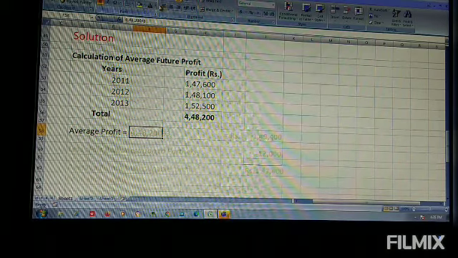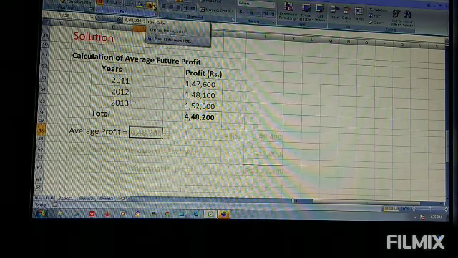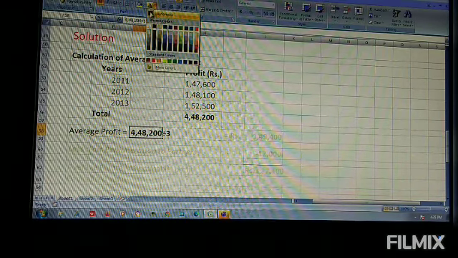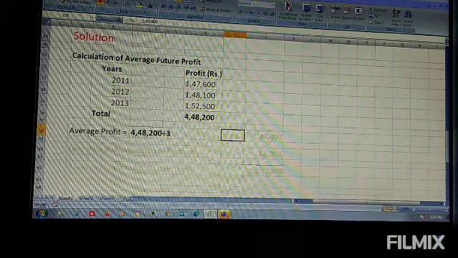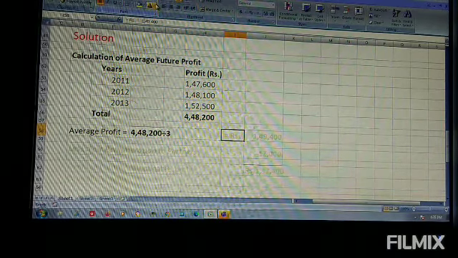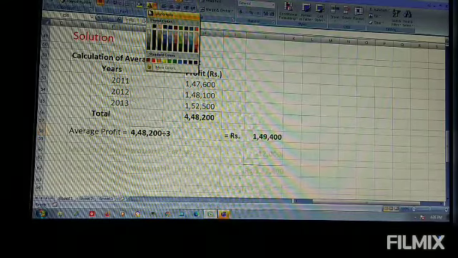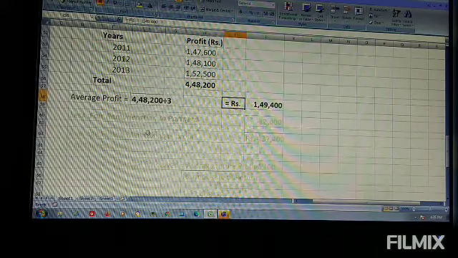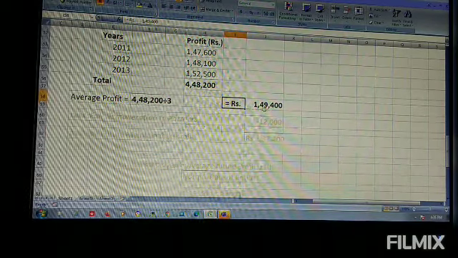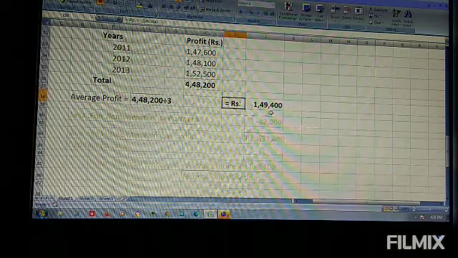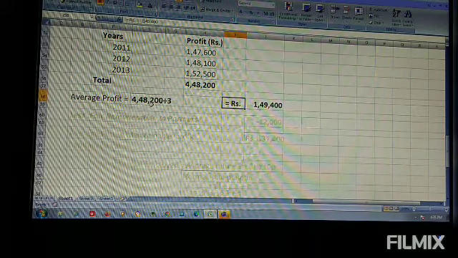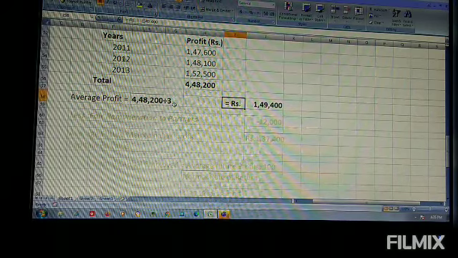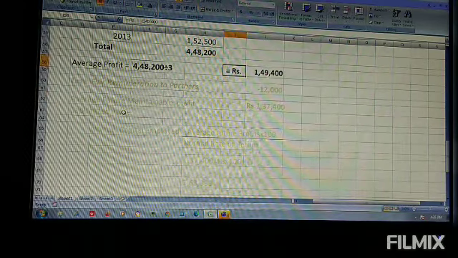We'll get 1,49,400. So the average profit is 1,49,400. We got this by 4,48,200 divided by 3.